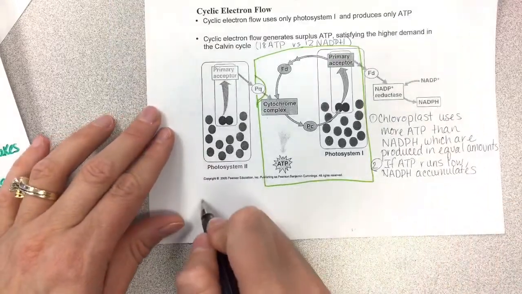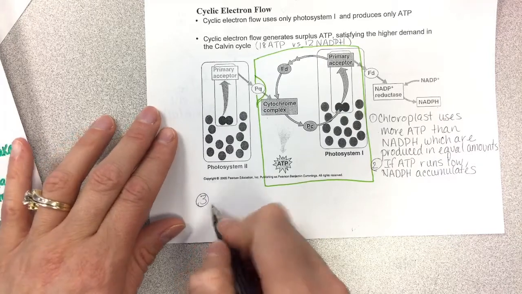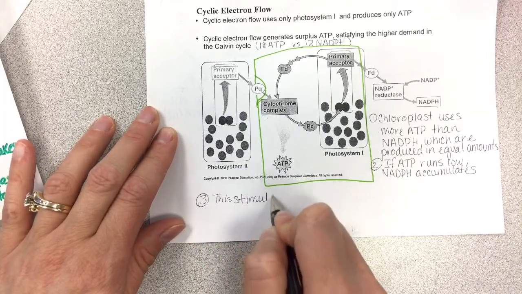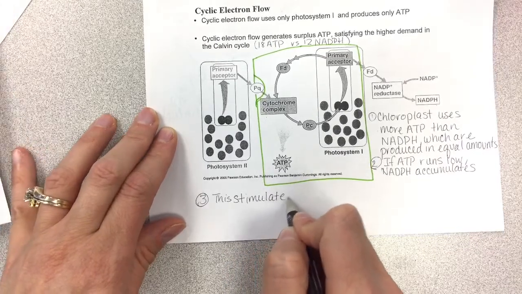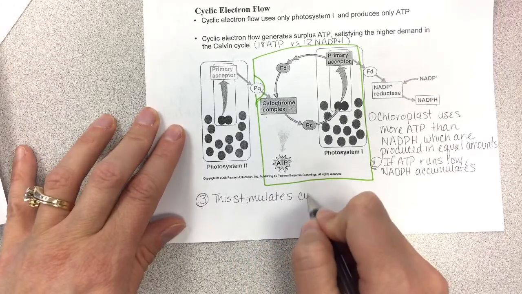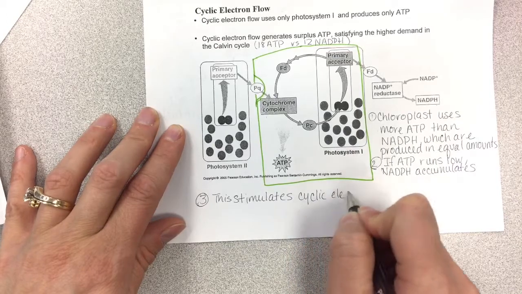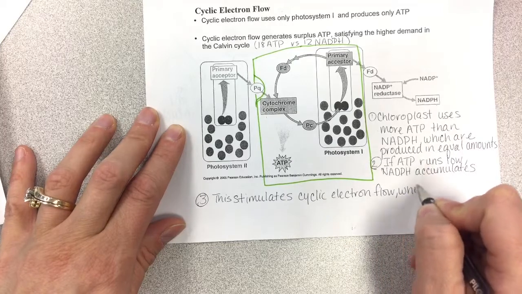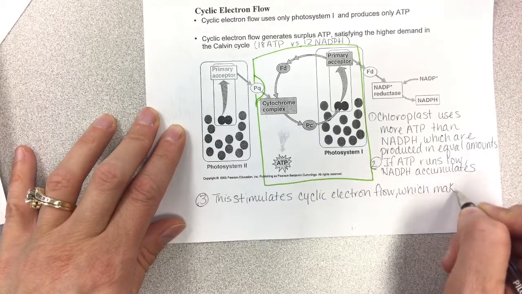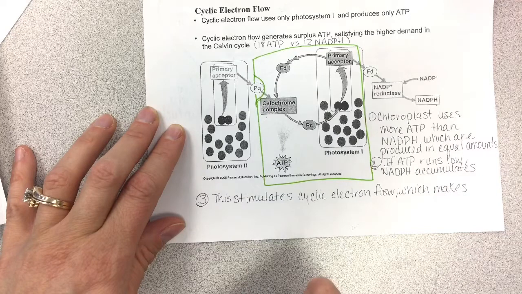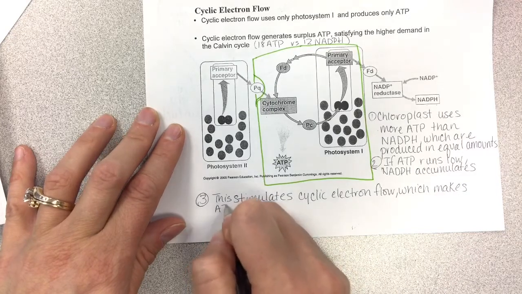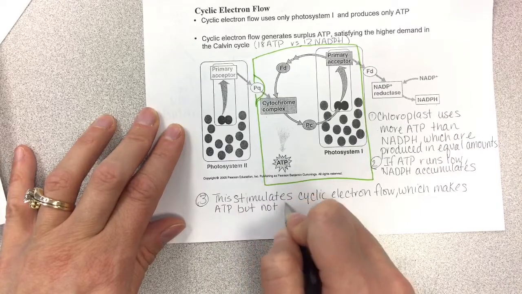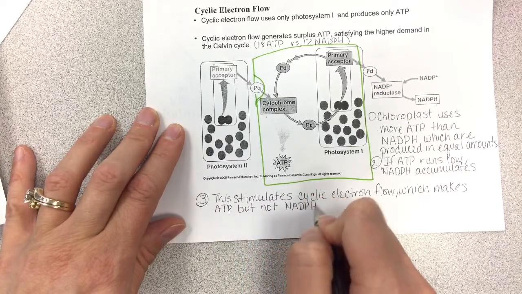So I have enough room, I'm going to put 3 over here. 3, this stimulates cyclic electron flow, which makes what instead of what? Makes ATP, but not what? NADPH.